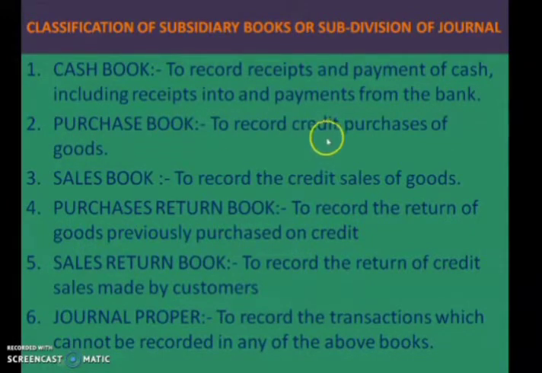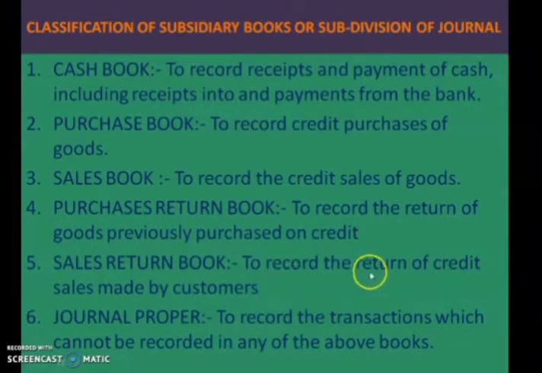Now the next category of subsidiary book is the purchase book. In the purchase book we record only the credit purchases. The sales book is the third category of subsidiary book. In this we record only the credit sales of goods. Two more books are there. Which are they? The purchase return book. In the purchase return book, we record the return of goods previously purchased on credit. So when credit purchases are returned, they are recorded in the purchase return book.